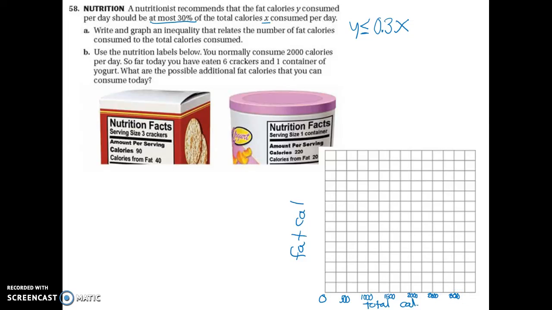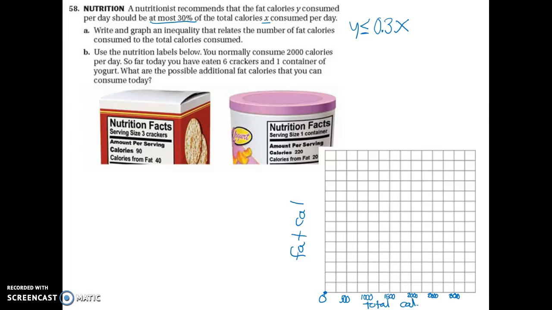Now to get an idea of where I'm at, I just need to take 30% of these amounts and then I can start to graph it. So 30% of 0, of course, is 0, so I know that's going to be my first point. If I think of my max here as 3,000, 30% of 3,000 is 900.